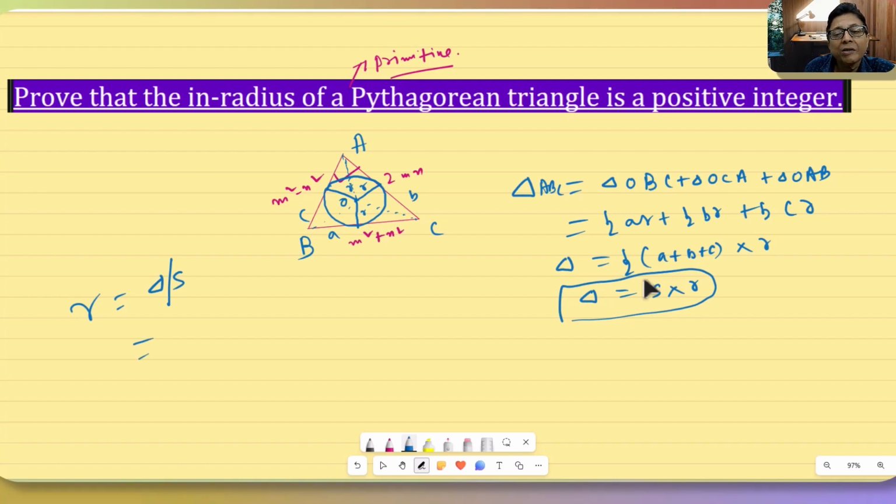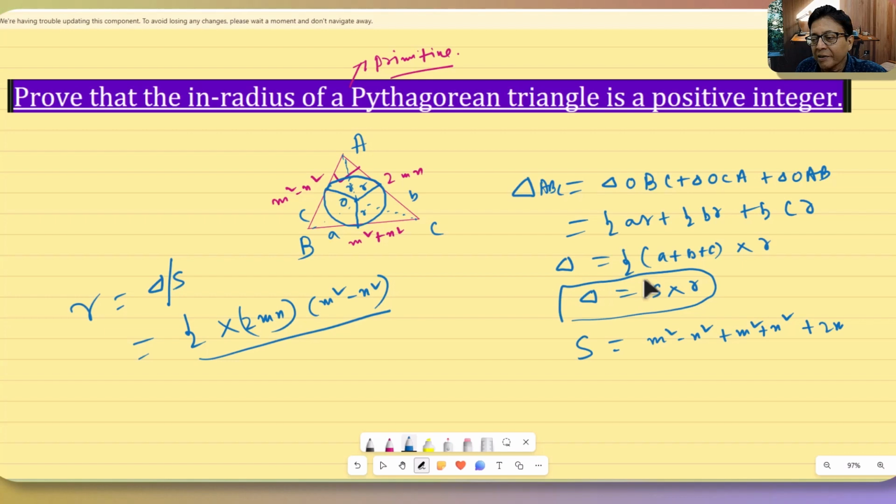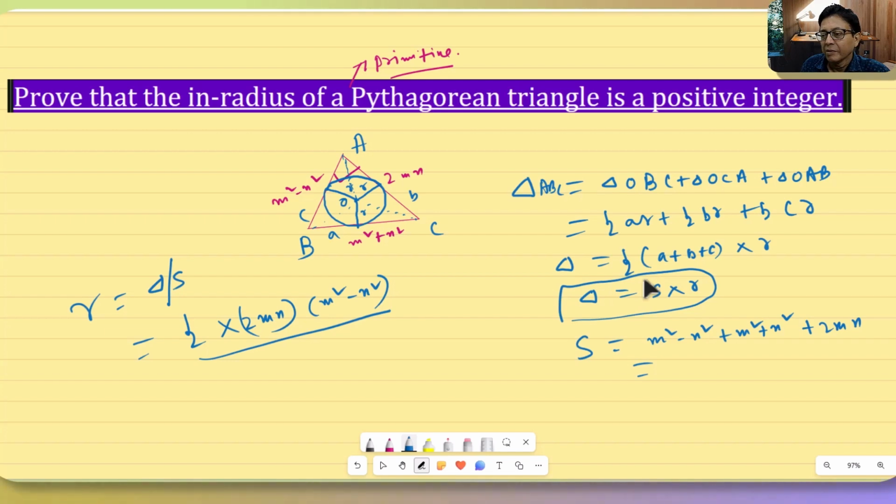What is delta over there? Two legs are given: half into 2mn into m square minus n square. How to find S? The perimeter is m square minus n square plus m square plus n square plus 2mn, which is 2m square plus 2mn. Taking 2m common, it is 2m into m plus n.